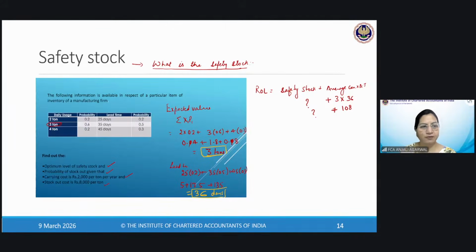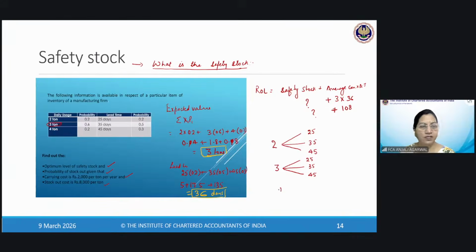Now there is a concept of scenario analysis. Let's do that. So let's take the first scenario. If the usage is 2 tons and it takes 25 days or 35 days or 45 days. This is what can happen. And again, if the usage is 3 tons and it took 25 days, 35 days or 45 days.